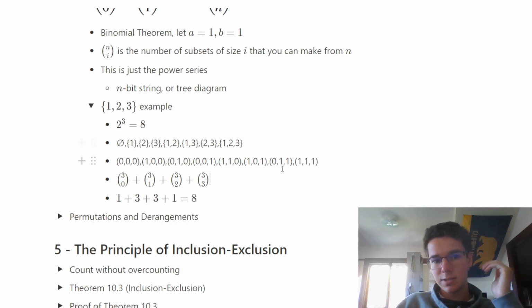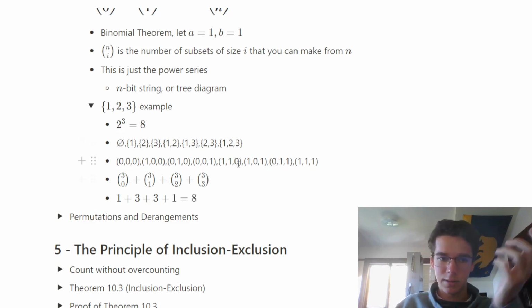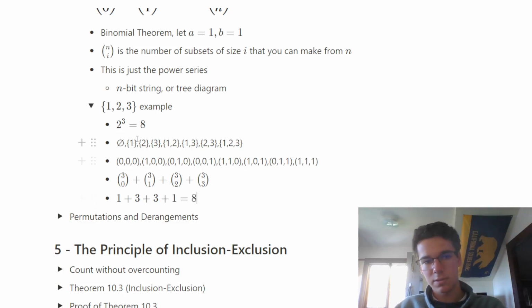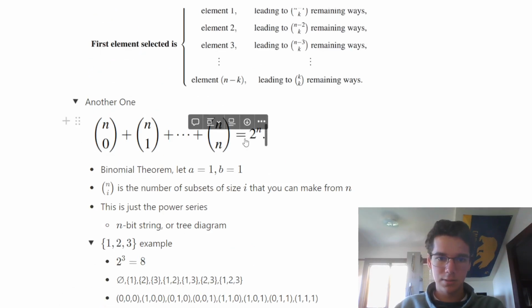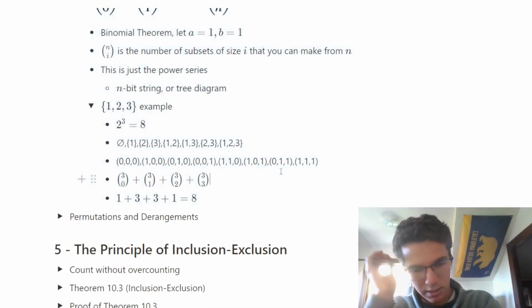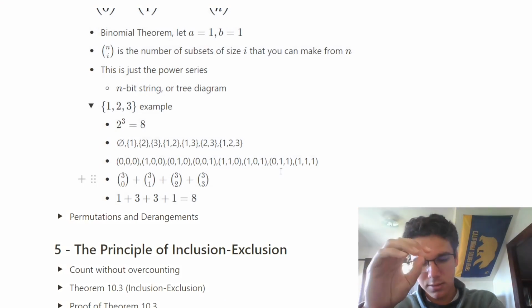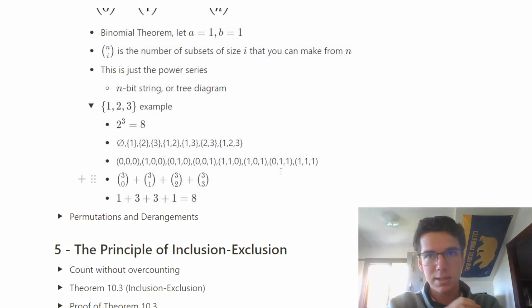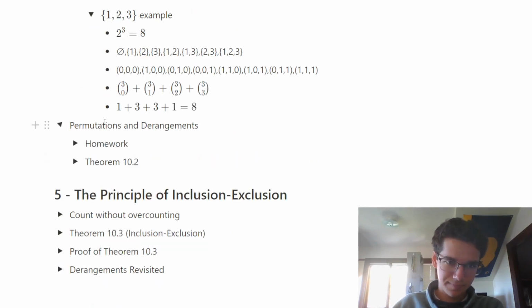And how many subsets of size 3, given 3 elements? That's 1. And so 1 plus 3 plus 3 plus 1 is equal to 8, which is also equal to 2 to the n. So again, just for my sake, n choose k is how many subsets of size k we can create given n elements.